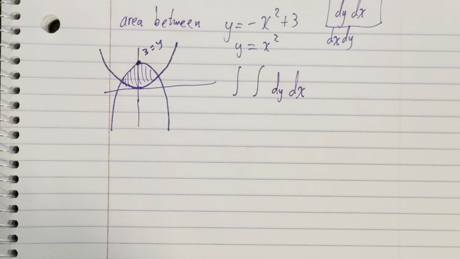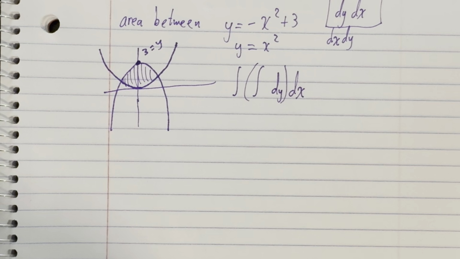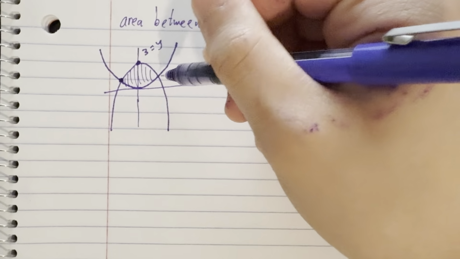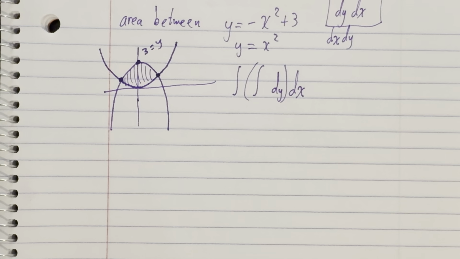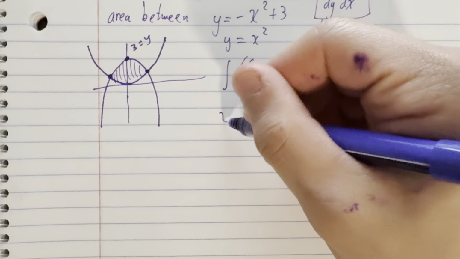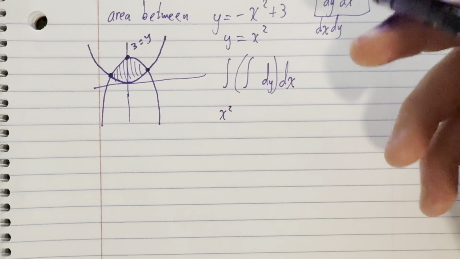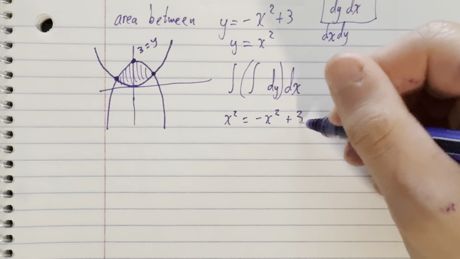And we know that our outermost integral, which in this case is the dx integral, has to be constants. So we'll choose these. That's the range of x's we're going to be doing. So let's find those x values. To do that, we're just going to set these equal to each other. So x squared equals negative x squared plus 3.